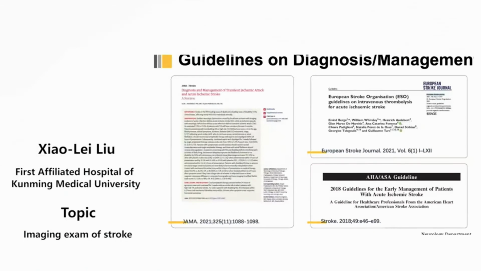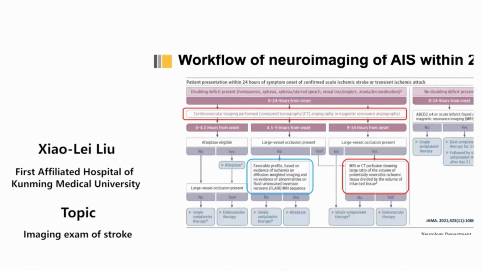There are the latest guidelines for diagnosis and management of AIS. Neuroimaging is one of the most important techniques. So here is the workflow of neuroimaging of AIS within 24 hours.